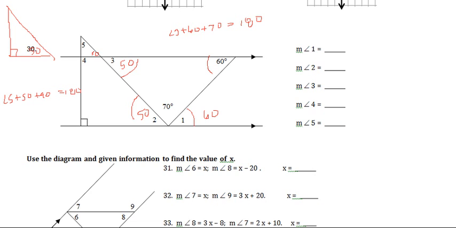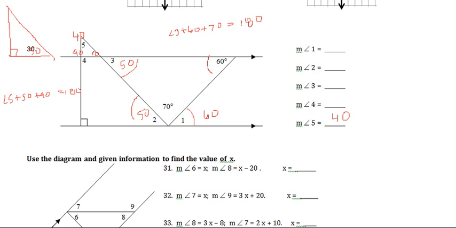You take 180 minus 140, which means that angle 5 is going to be 40 degrees. Put it over here, make it a little easier. So if angle 5 is 40, and we said this one was 50, that's 90 right here. It means that this one right here has to be 90 degrees.